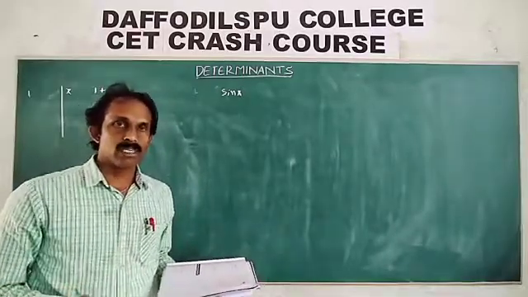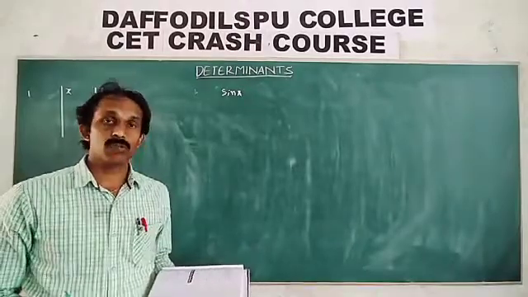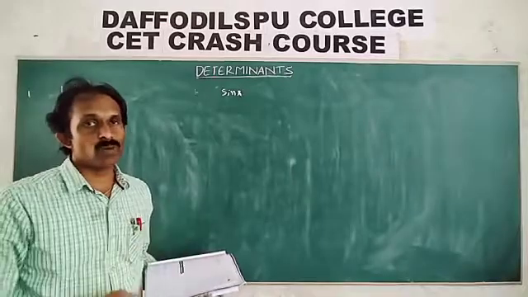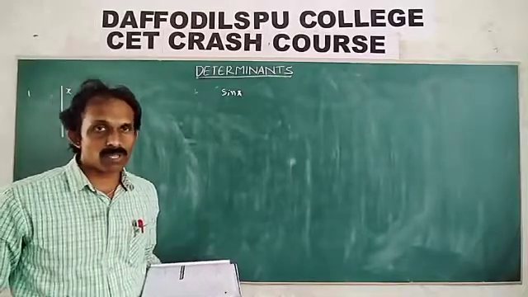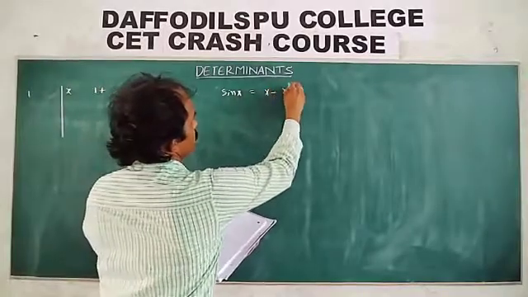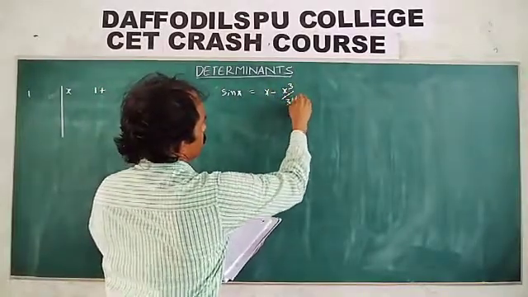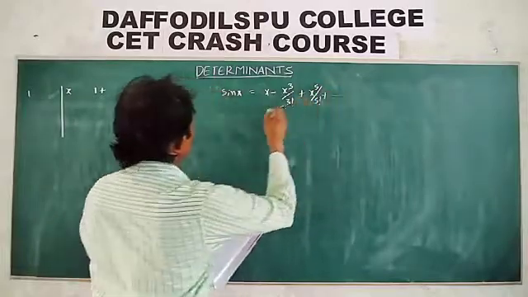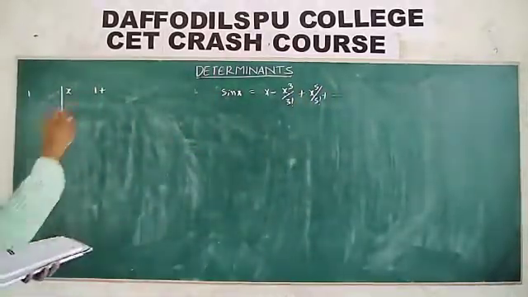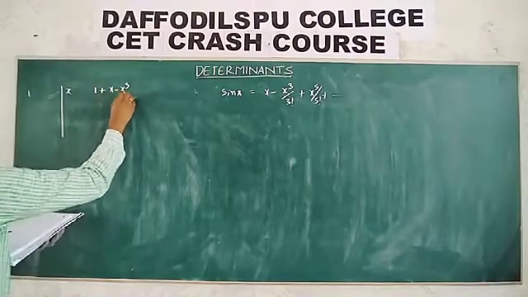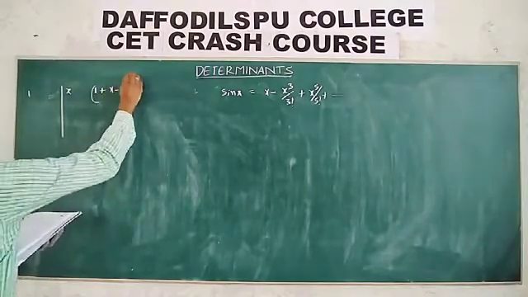Otherwise, in NCERT books, consider the e power x value, sin x value, cos x value, log of 1 plus x expansions. So sin x is x minus x cube by 3 factorial plus x power 5 by 5 factorial and so on. Substitute 1 plus x minus x cube by 3 factorial, whole square.